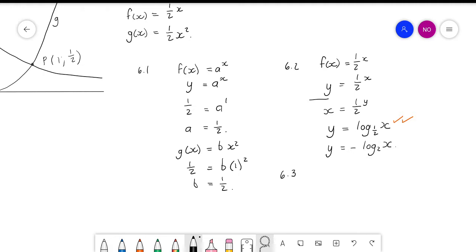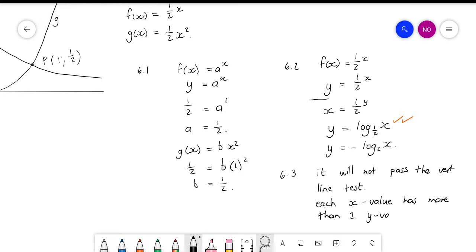Vertical line test. Or you can say any one of those. Good.